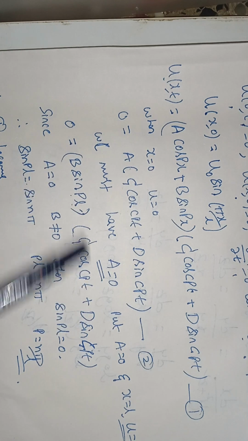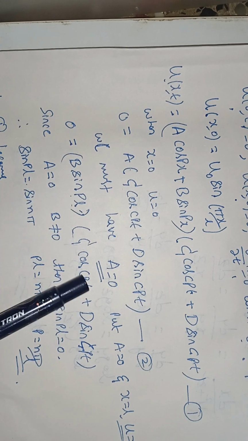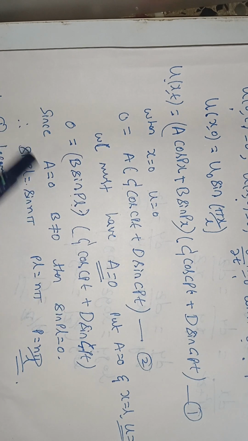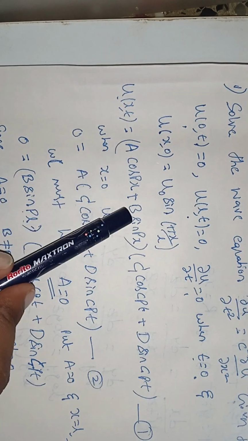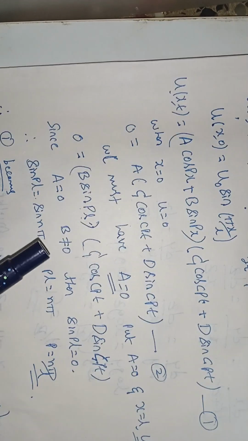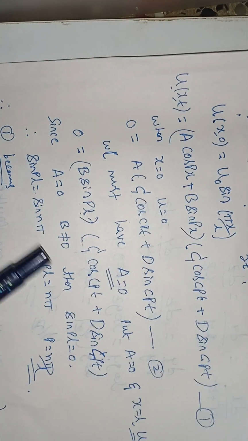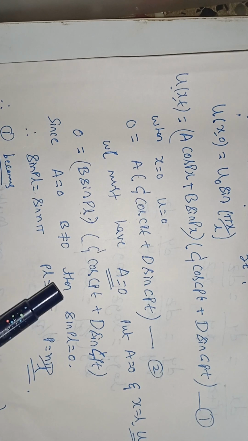Again, when the product is 0, one factor is 0. The second factor cannot be 0, and B cannot be 0, because if both A and B become 0, again the solution is 0.